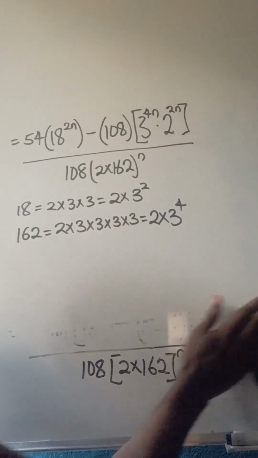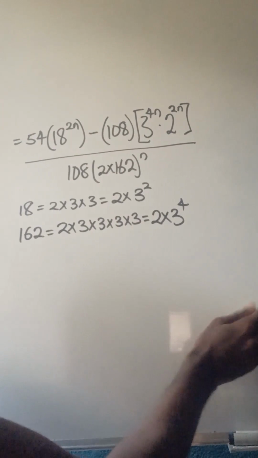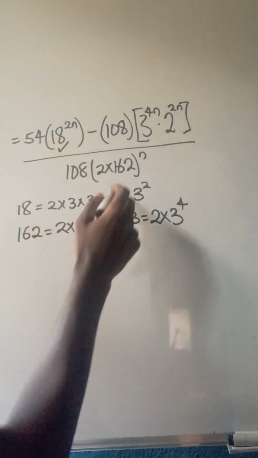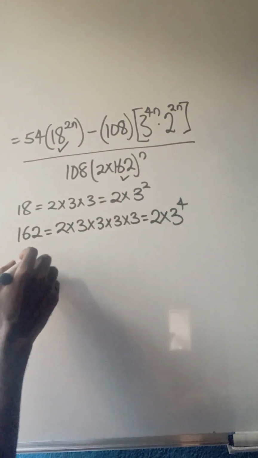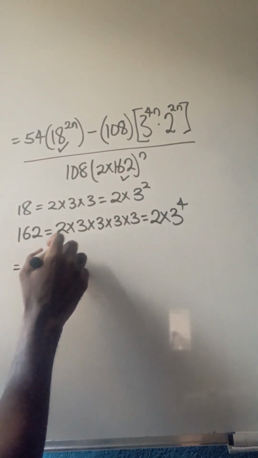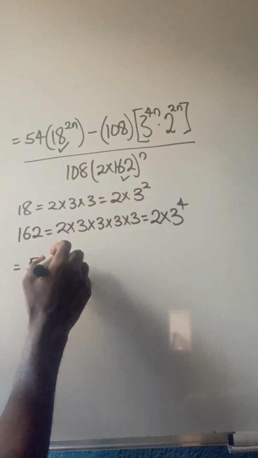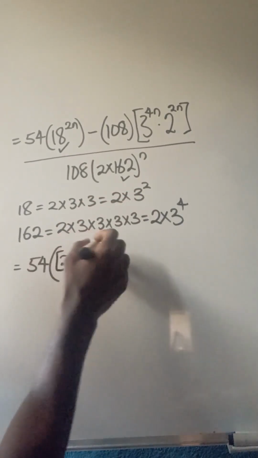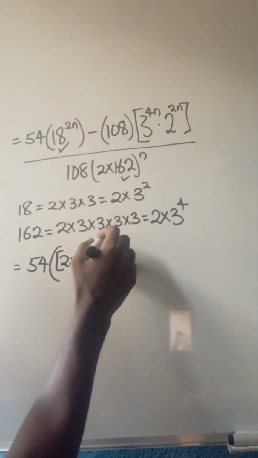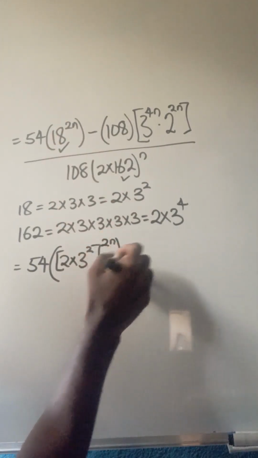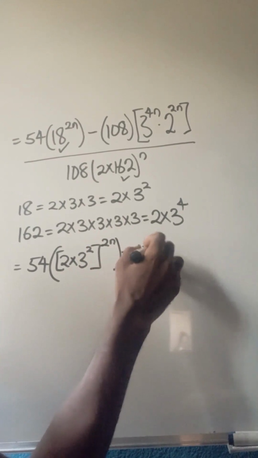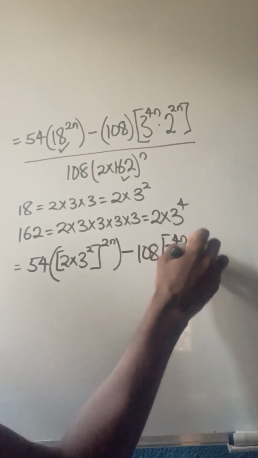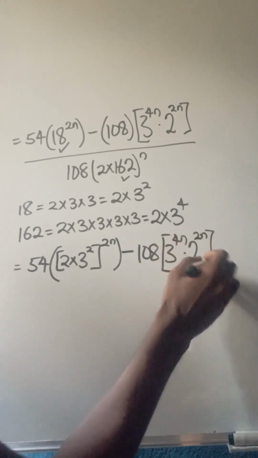So now for the ones we've written in their index form, I'm going to substitute for this and for this. So we have 54 into 18, which means 2 times 3 raised to power 2, and all these will have 2n as a power, minus 108 into 3 raised to power 4n into 2 raised to power 2n.